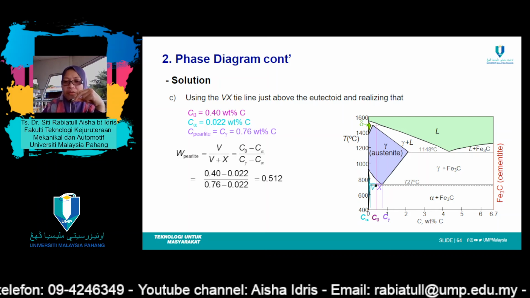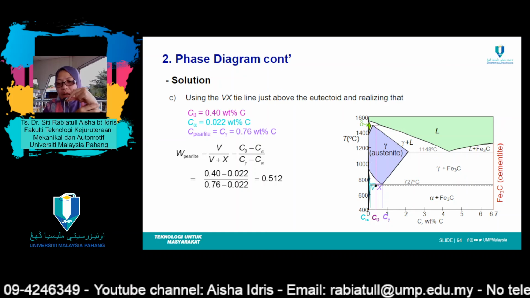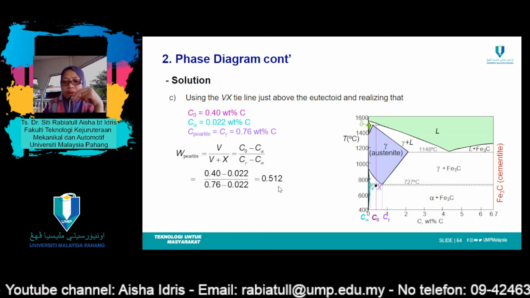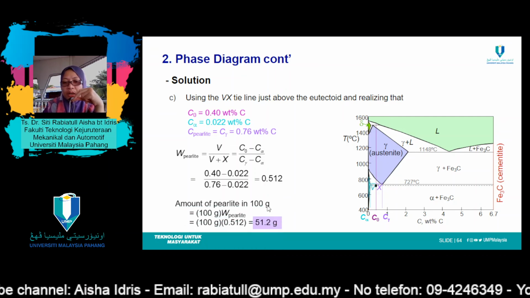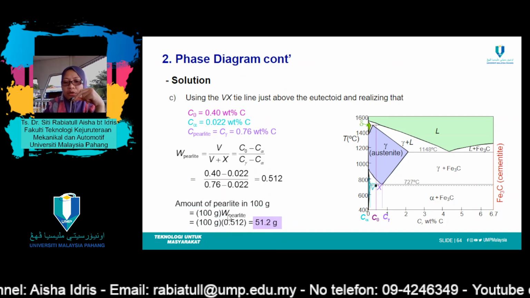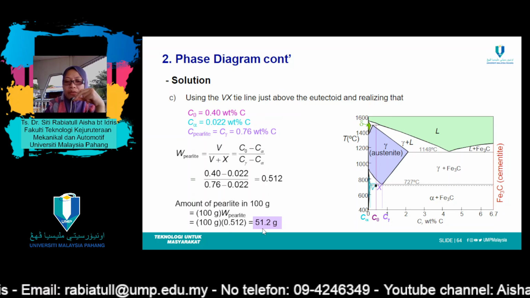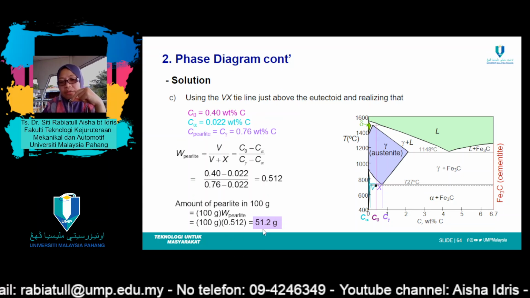Using the lever rule, you should be able to calculate for gamma or pearlite there, which equals 0.512. And the amount of pearlite in 100 gram, you just times it with 100, you should be able to get 51.2 gram of pearlite.